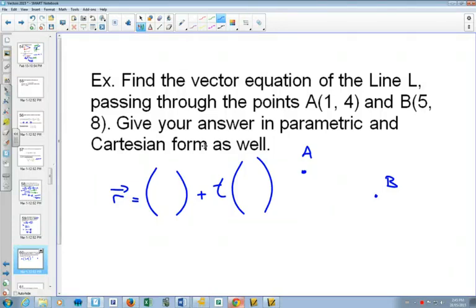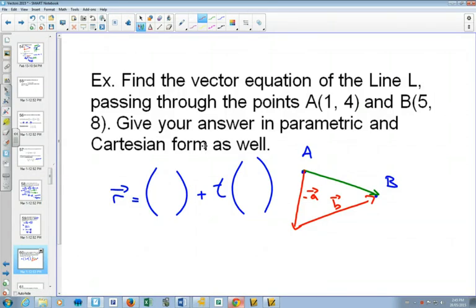Now for our direction vector, all points in this line are going to be going from A to B in some form, either positive or backwards and negative. So how do we find out A to B? We go negative A and add B to figure that out.